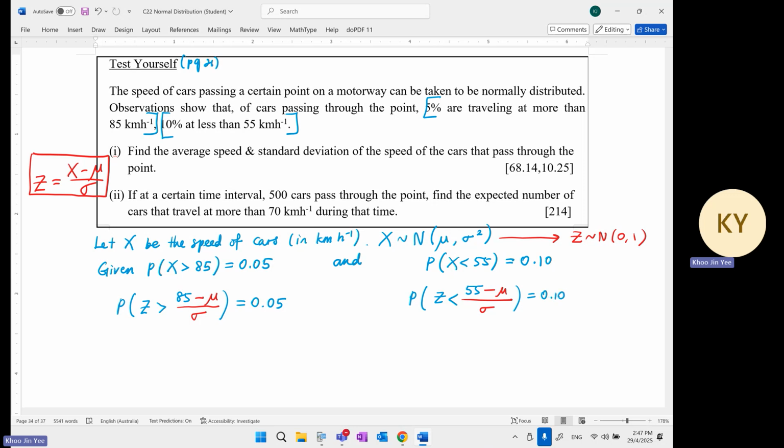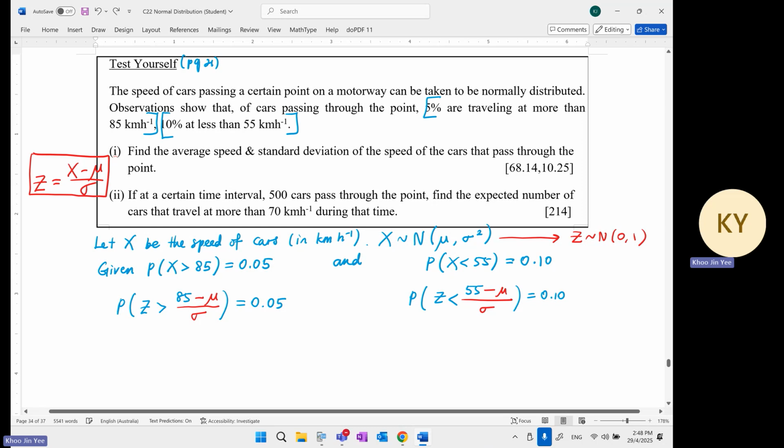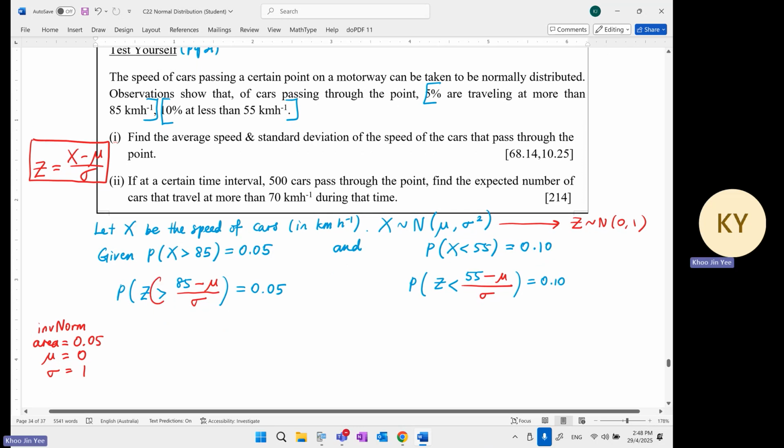Next, what do you do? We find the unknown. Let's find the unknown for this one. So we key in the inverse normal. The area that we are looking for is 0.05. Important, what is the mean for this one? Now we already standardized to the standard one, so the mean is 0 and the standard deviation is 1. And this is because this is a right tail.